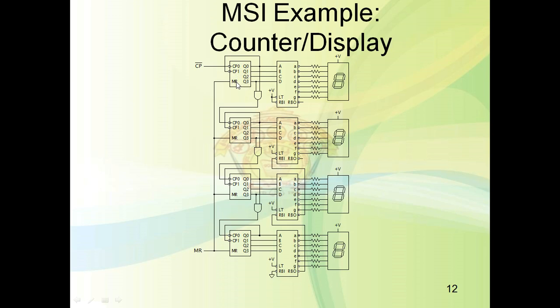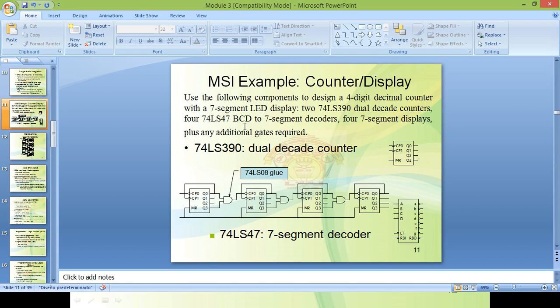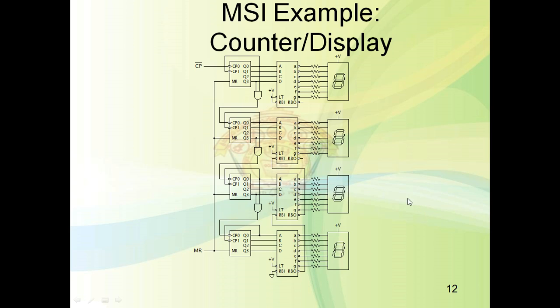Okay, so Q0, Q1, Q2, Q3. These are the outputs, and then it is applied to the input of the next. Okay, so this output of the decade counter is connected to the 7 segment decoder.